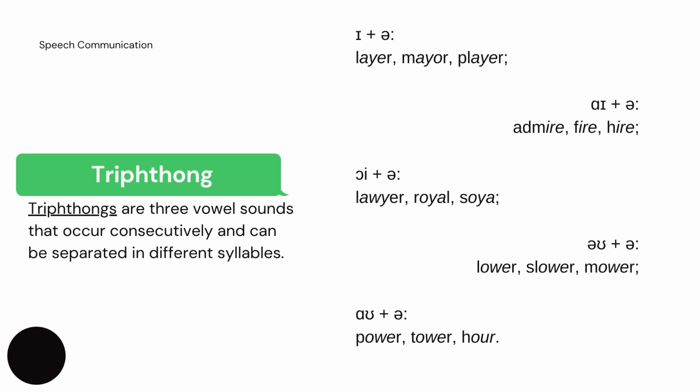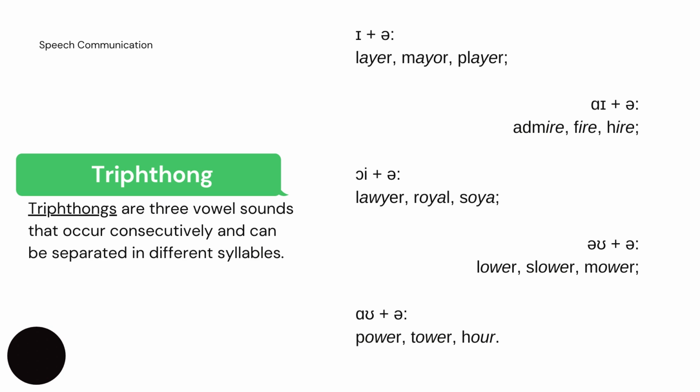So we have lower, O, U, and then the schwa sound, R. Lower, slower, and mower. For the last type of triphthong, we have the AU. So we have power by AU and then the schwa sound, power, tower, hour.